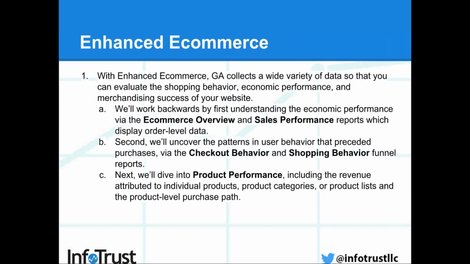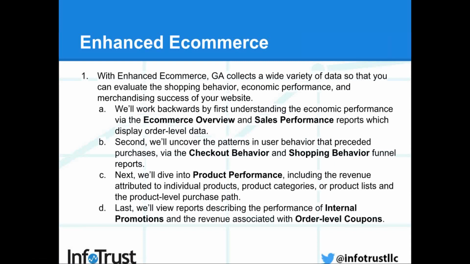We'll look at the e-commerce overview, where you can see the number of orders that have been completed and the total revenue, and we'll also at this stage look at the sales performance report, showing more detailed completed order data. From there, we'll take a step back and look at the reports concerning user behavior that preceded a purchase. So we'll take a look at the 2 funnel reports that are available.